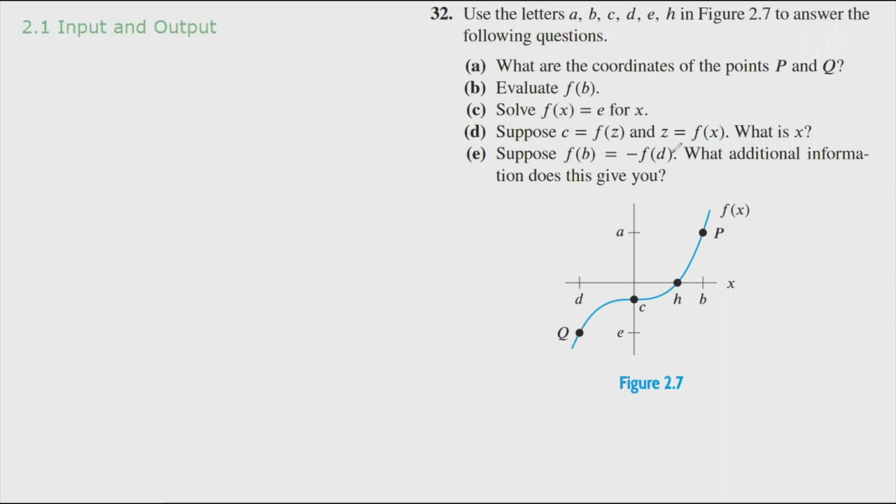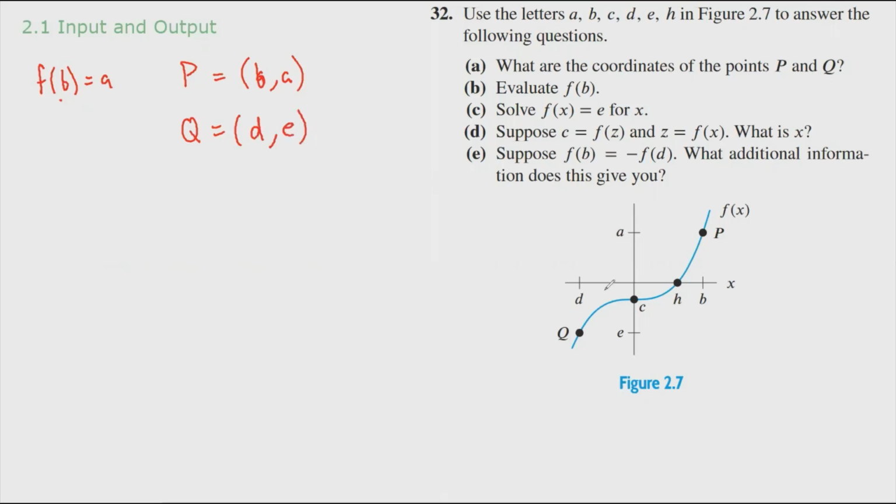In part A, we need to determine the coordinates of the points P and Q. So point P, when the input is B, I can say f of B, we get A. The input is B, the output is A, and so point P can be described as B, comma, A: the input, comma, the output. Similarly, Q we can write as D, comma, E.